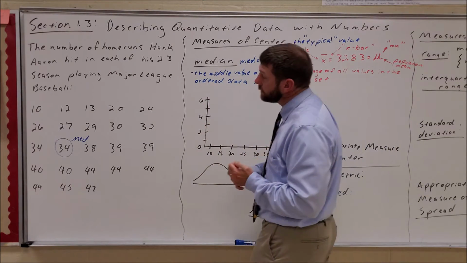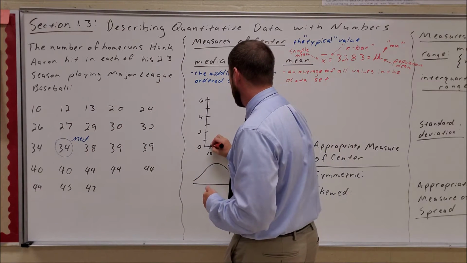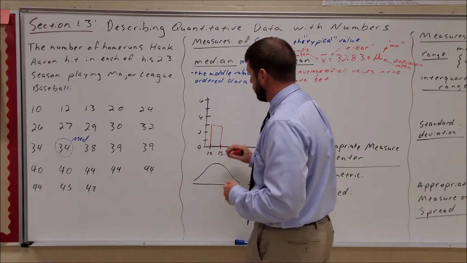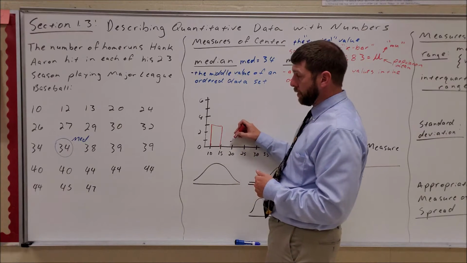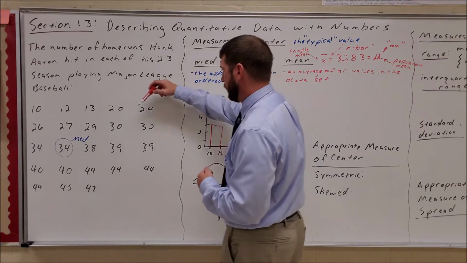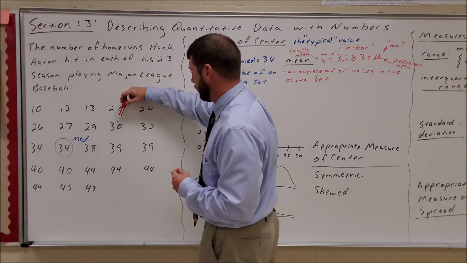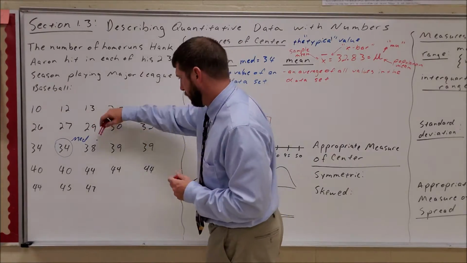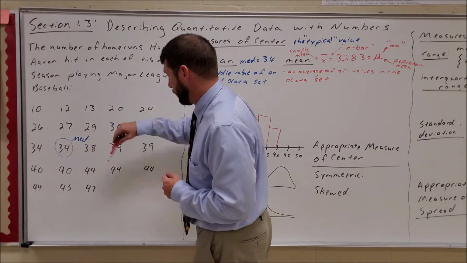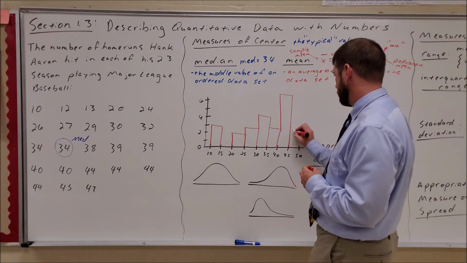So I've got 10 to 15, so that's 1, 2, 3 values. 15 to 20, I had no values. 20 to 25. 45 to 50, we had 2 seasons.